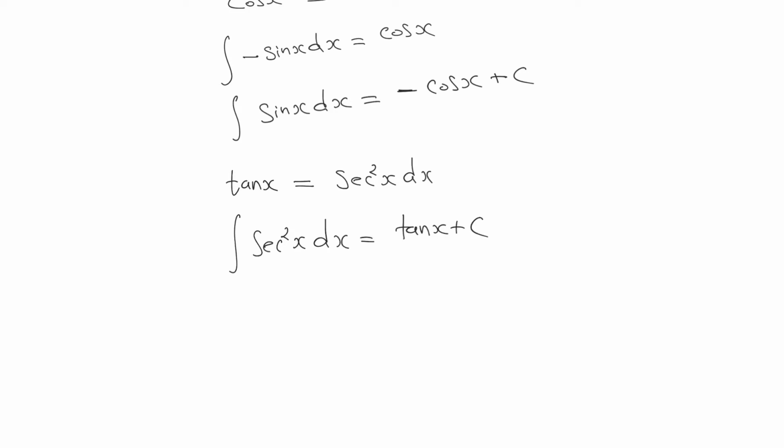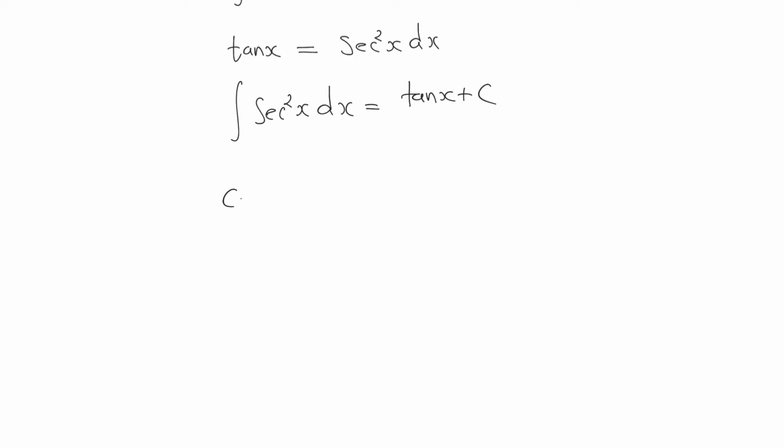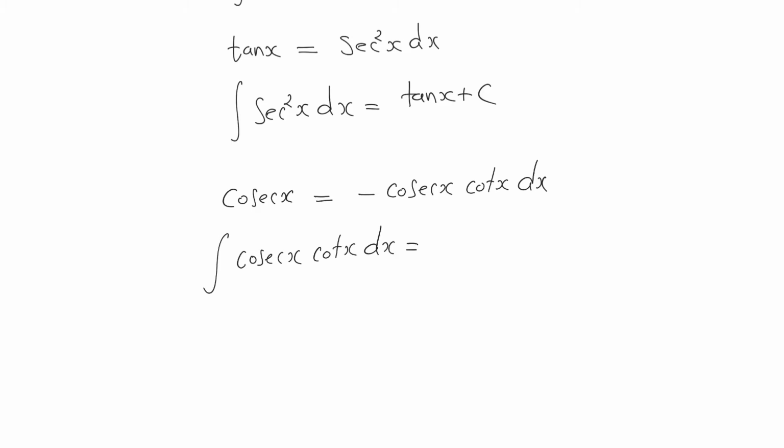And we know that differentiation of cosec x is equal to minus cosec x cot x dx. That means integration of cosec x cot x dx should be equal to minus cosec x plus constant of integration c.